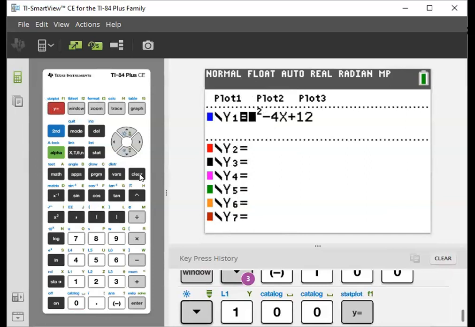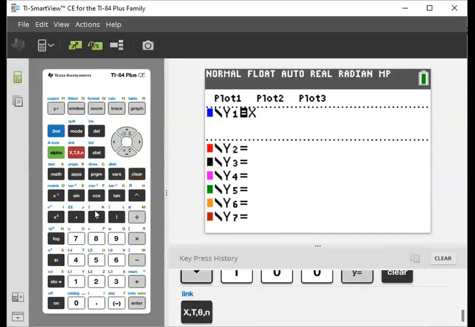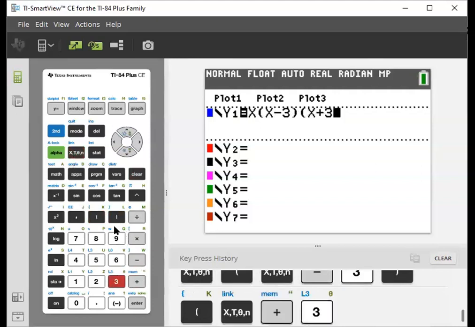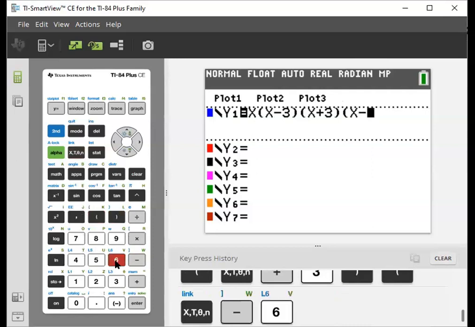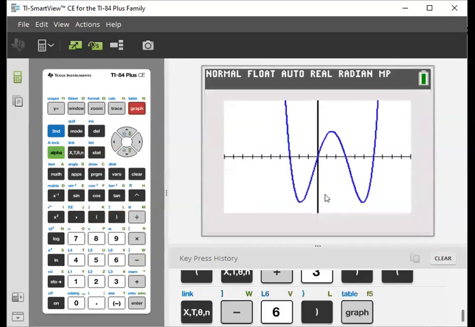So y equals. From here, I can go straight to just type in whatever they have. So I've got x, parentheses, x minus 3, x plus 3, and x minus 6. And then I'm going to go ahead and hit graph so I can look at it.